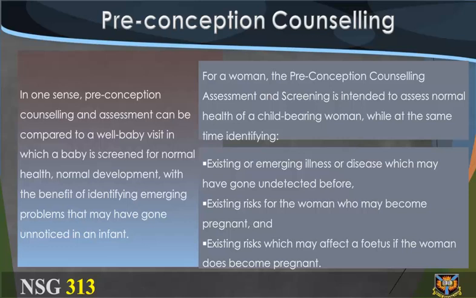For a woman, the preconception counseling, assessment, and screening is intended to assess normal health of a childbearing woman, while at the same time identifying existing or emerging illness or disease which may have gone undetected before, existing risks for the woman who may become pregnant, and existing risks which may affect the fetus if the woman does become pregnant.